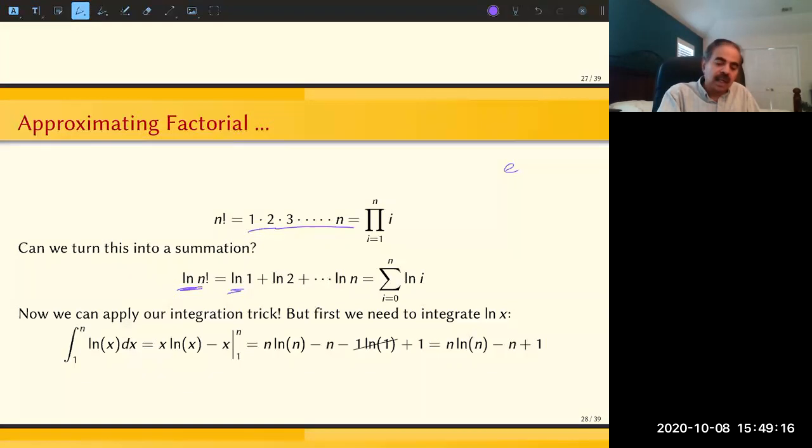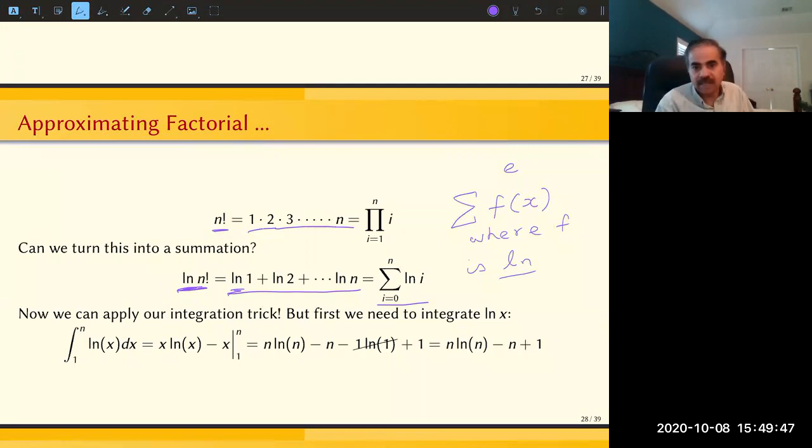And so instead of estimating n factorial, we estimate the logarithm of n factorial, which is going to be this sum. So we have this discrete sum of logarithms, right? Once again, we have a similar situation of summation of f of x, where f is the natural logarithm function.